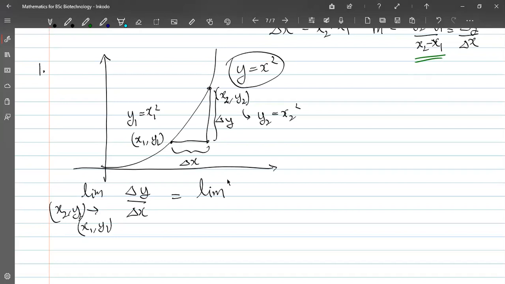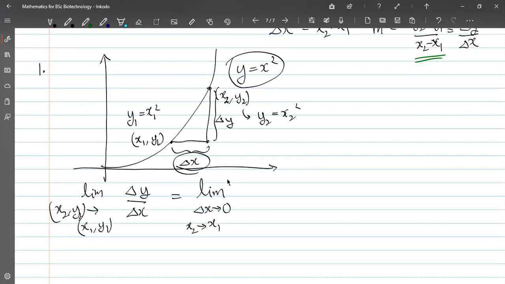Again, this is not very easy to compute because we are writing in terms of points. But you can see that when will x2, y2 approach x1, y1? When this difference delta x approaches 0, or equivalently, x2 approaches x1, same thing.